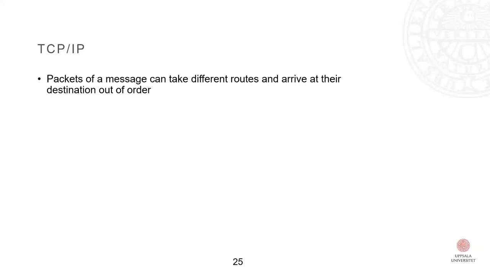Imagine you have a very long text, you chop it up into smaller texts and send them by mail to its destination. Because they might take different paths in the postal system, they might arrive in a different order.